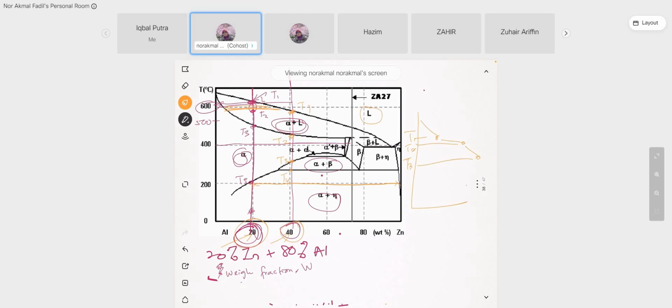So if you don't understand this concept, you won't be able to explain it by words. For example, explaining cooling curve or explaining phase transformation. It truly depends on your understanding, not by following the tutorial.